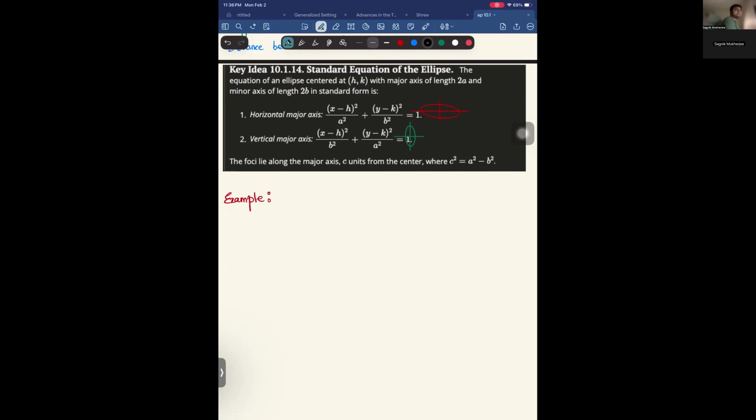So the equation is the following: 4x squared plus 9y squared minus 8x minus 36y equals -4. Find all the important points.